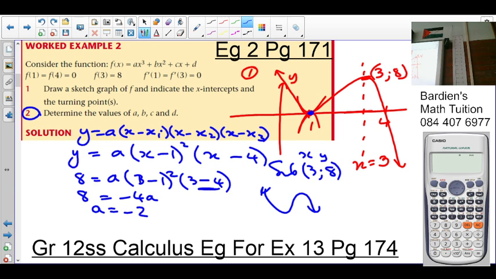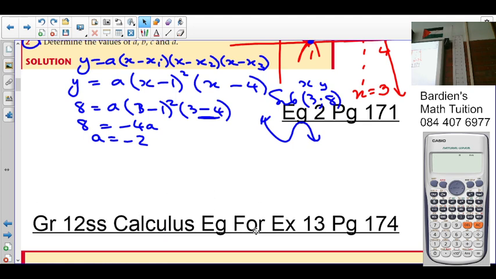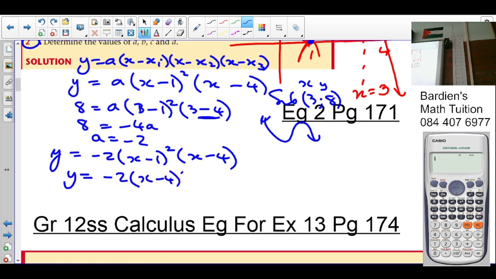Okay. From here, it's just a matter of simplifying. So that would now read y equals negative 2 into x minus 1 squared into x minus 4. So y is equal to negative 2 into x minus 4 into x squared minus 2x plus 1, which gives you negative 2 into x cubed.